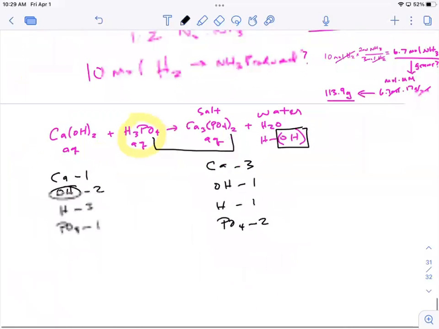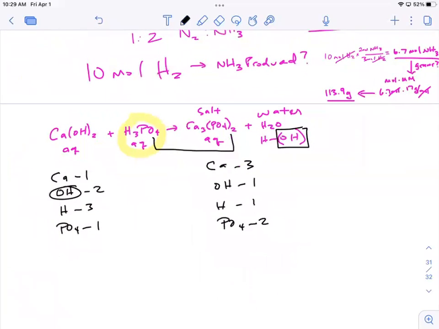What do you want to balance first? I think if we balance the phosphates first, we can figure out the rest. All right. Let's balance the phosphate.